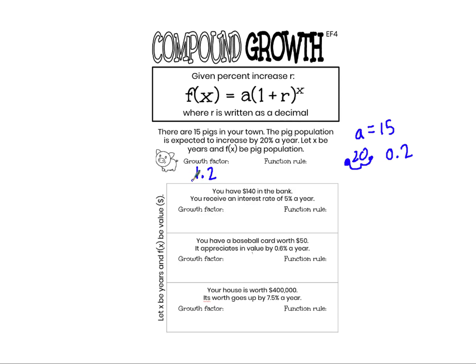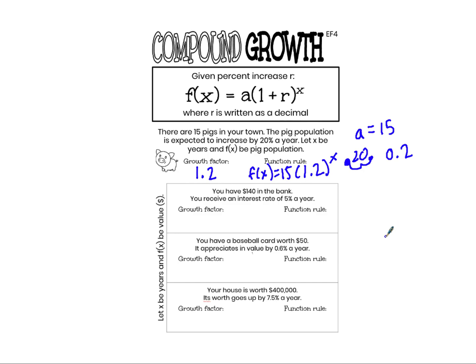So that 1 includes my original pigs, and then the 0.2 is my 20% increase. So I'm going to go ahead and repeatedly multiplying by 1.2. The 1 means that all my original pigs are still there, and the 0.2 indicates that I'm increasing by 20%. I can now write my function rule. So f of x equals a, where a is 15, my start value, times my growth factor 1.2, to the x.